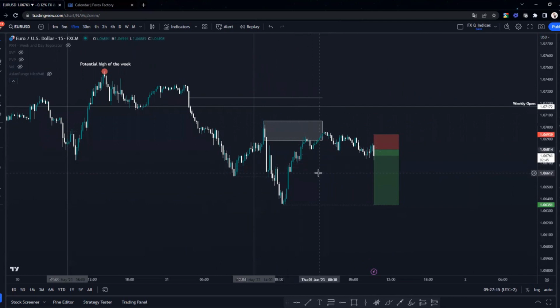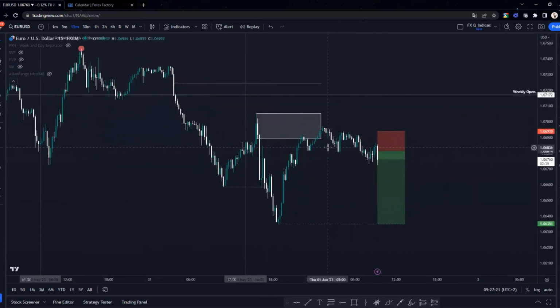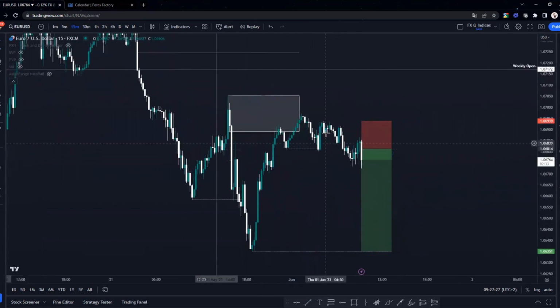And sadly, price came into the zone during Asian session and gave us the confirmation during Asian. We had this break and price retracing and retesting here. All of this happened during Asian session, during overnight.